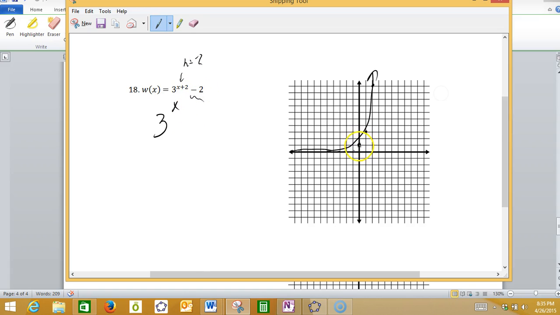This point here went 2 units to the left and then down 2. This point here, let me make a different color, right here, went 2 units to the left and then down 2. This point here, 2 units to the left and then down 2. Right? And then our graph is just going to look something like this.